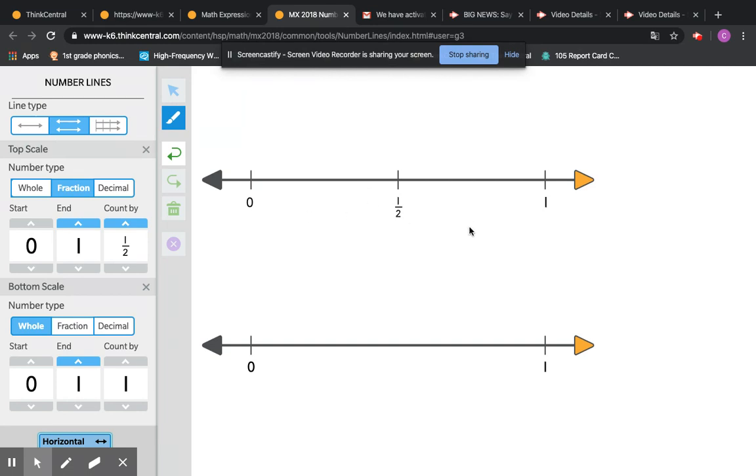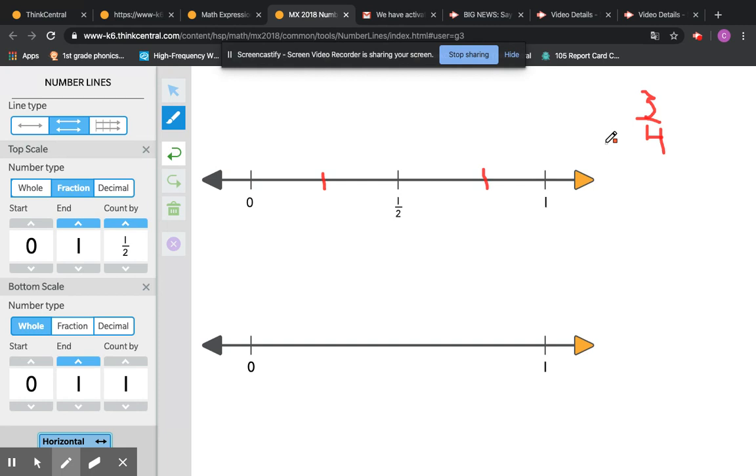Okay, now if I am going to plot 3/4, that means that since 3/4 has a denominator of 4, I'm going to divide my number line into 4 sections. Okay, this is already divided into 2, so what I'm going to do is cut in half again, cut in half again, and now I have 1, 2, 3, and 4 sections.